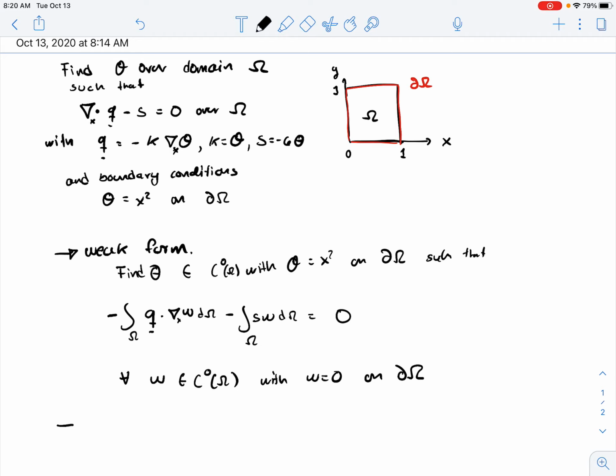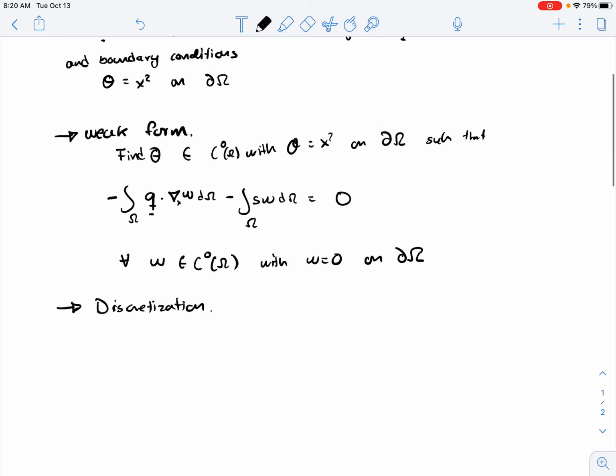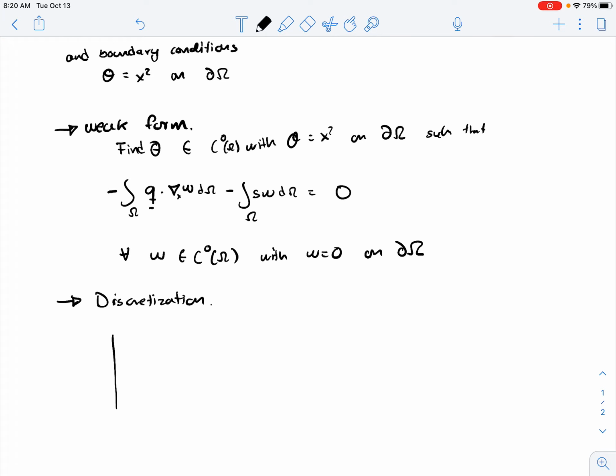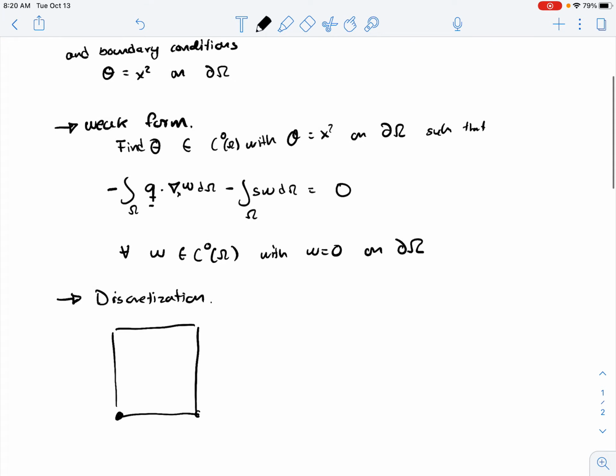So that will be my weak form. Now, given the weak form, let's do discretization. So I need a mesh. Essentially, I'm going to do what I did before, which is to use the mesh that I defined in the previous video. I'm not going to go over the details, but I need some mesh, where I need some nodes and some elements.